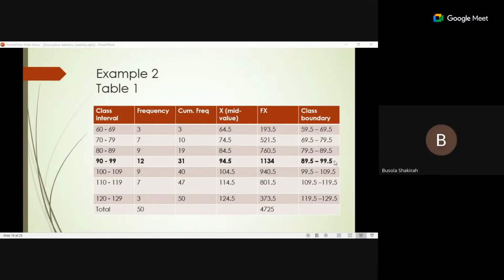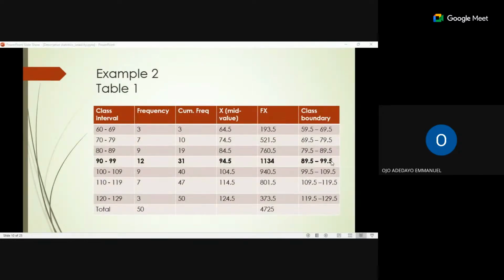So sir, I'm sorry, sir. If the frequency that is below or above the modal class is higher than the modal class, can we use a negative number? Please let me take it again. Remember that you are going to check through your frequencies.